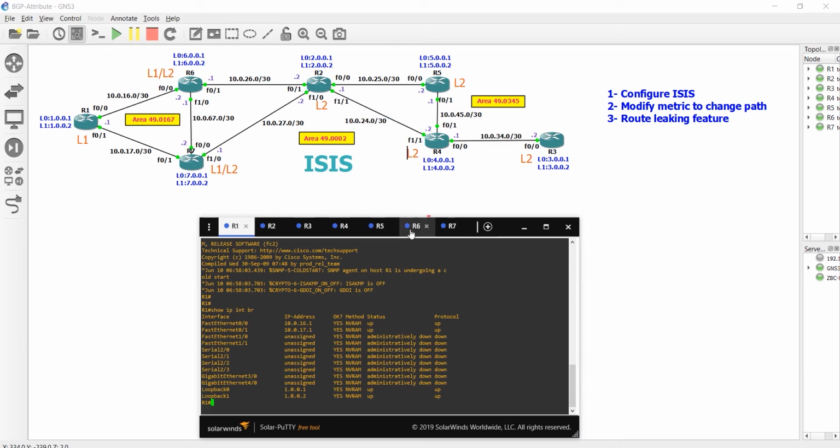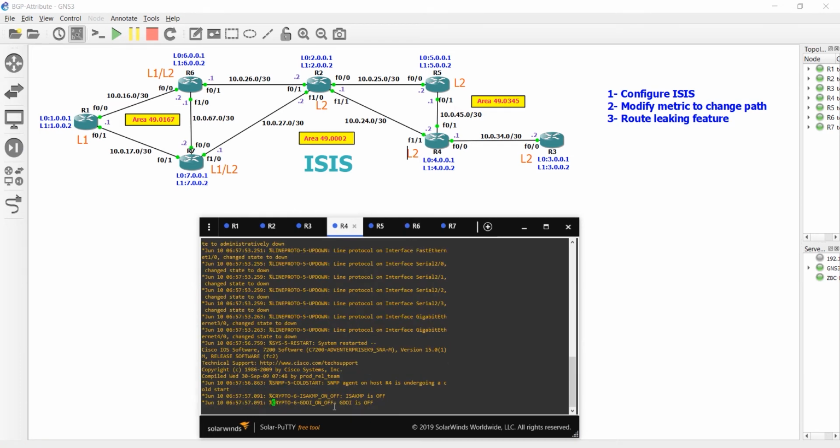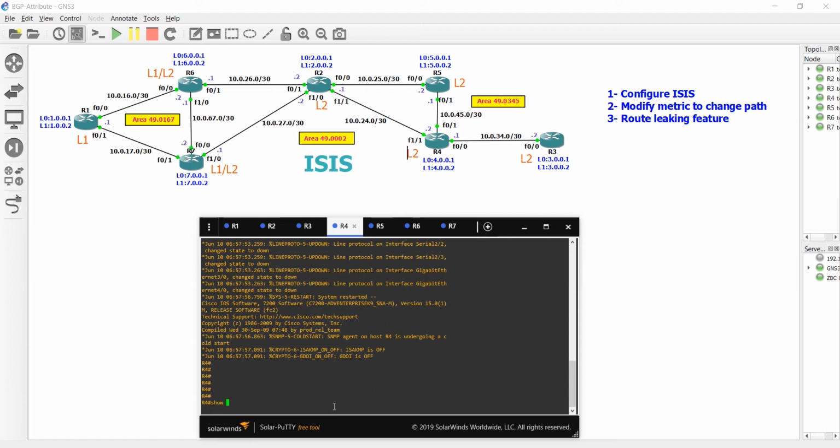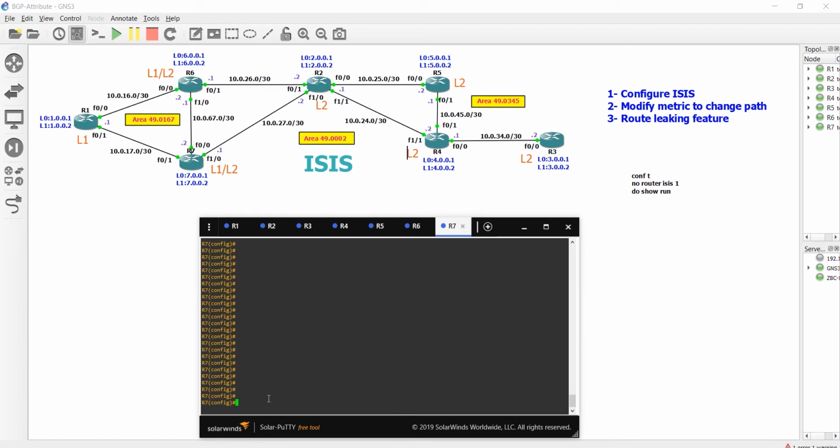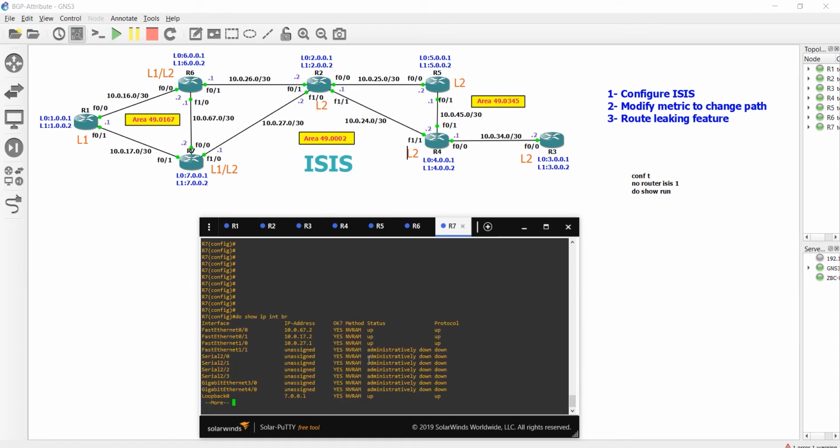For example, I can show you another thing in router 6: show ip interface brief, and you can see that in router 6 we have 3 interfaces and 2 loopback interfaces. And in router 7, show ip int br. I want to check something.